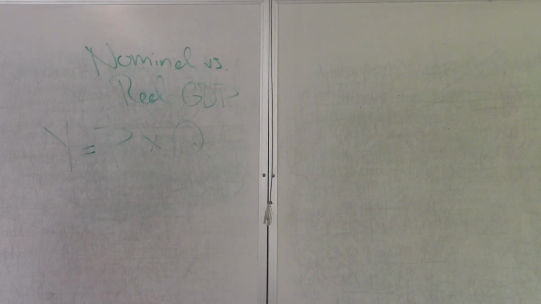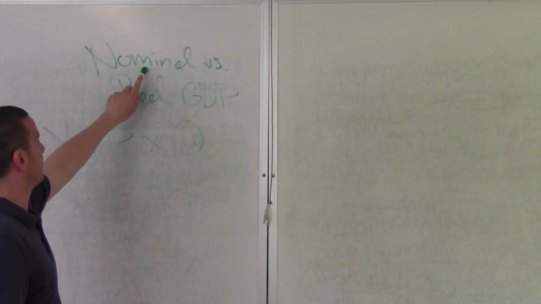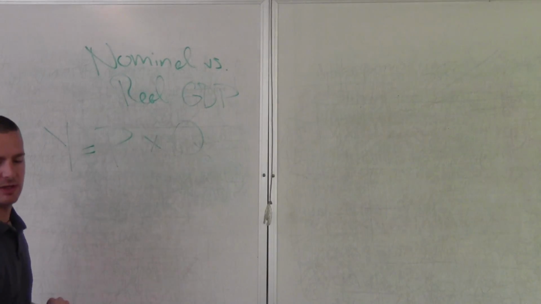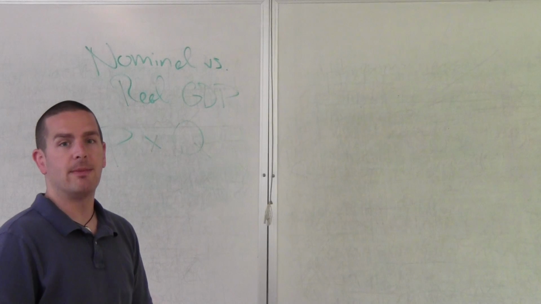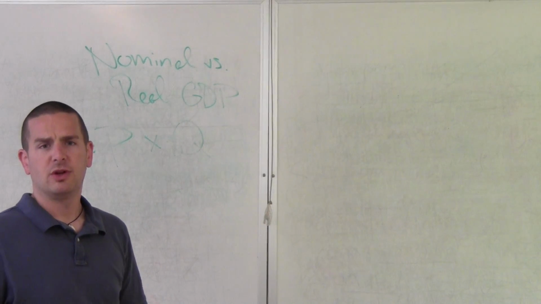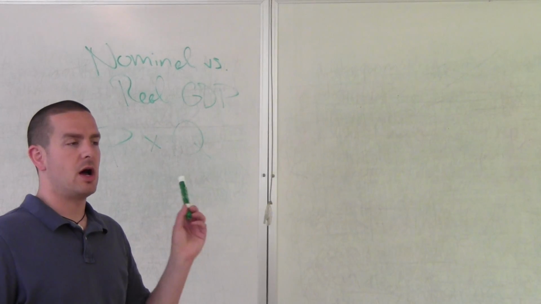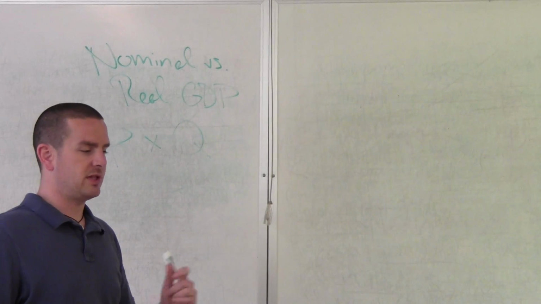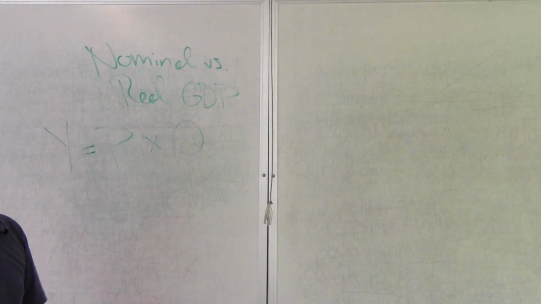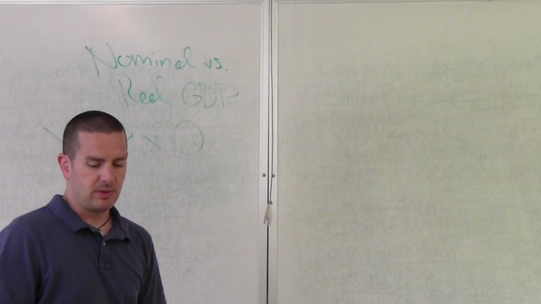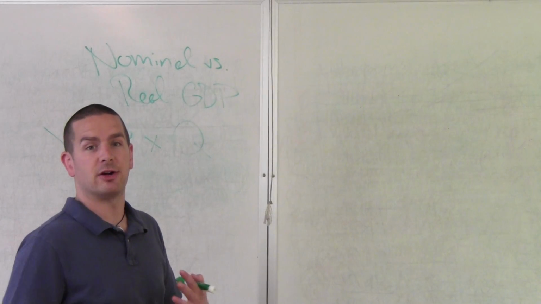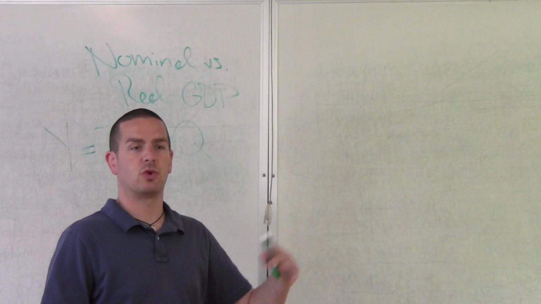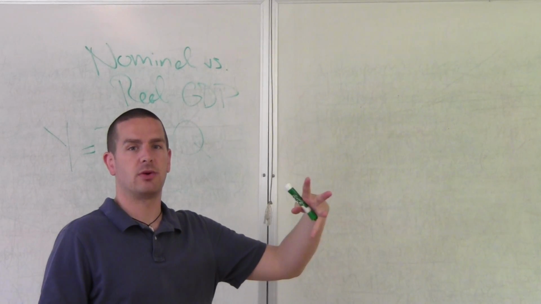Now, nominal GDP, nominal simply means dollar value. Nominal refers to simply price times quantity. But let's say we want to know whether or not this country is doing better than last year, or 10 years ago, or 20 years ago.